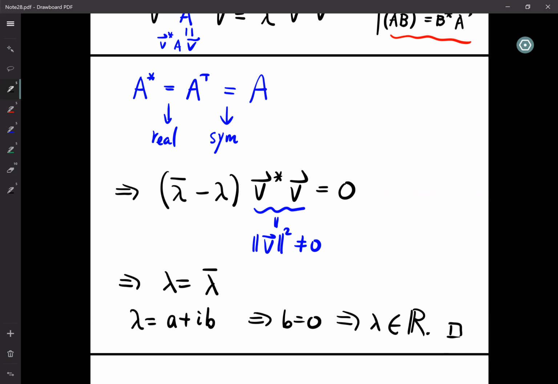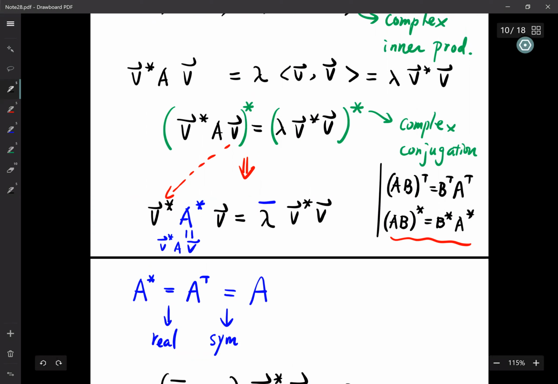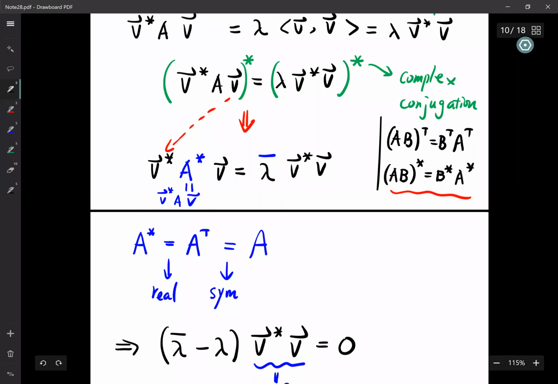Any other question? Could you explain again how you went from v star, A star, v, and then to the lambda bar minus lambda, that step? Yeah, so you see this part, v star A v is exactly this, right?